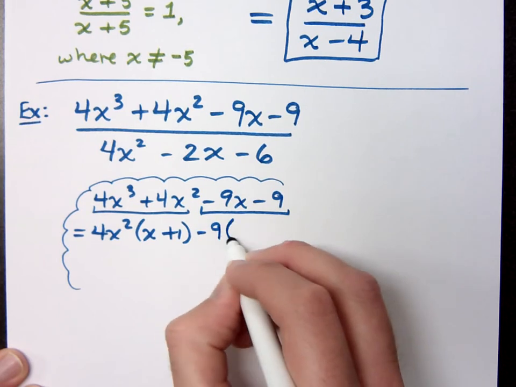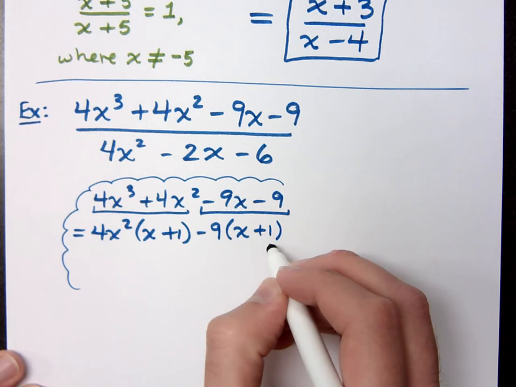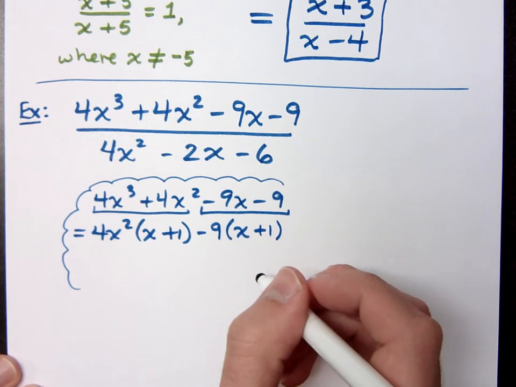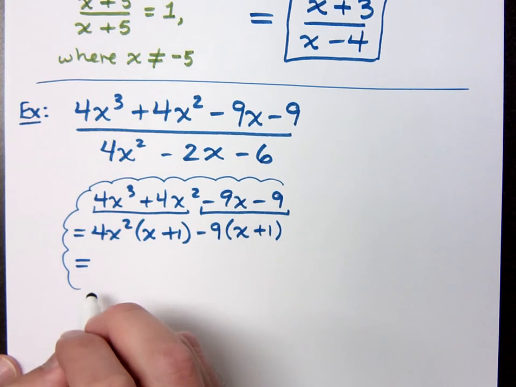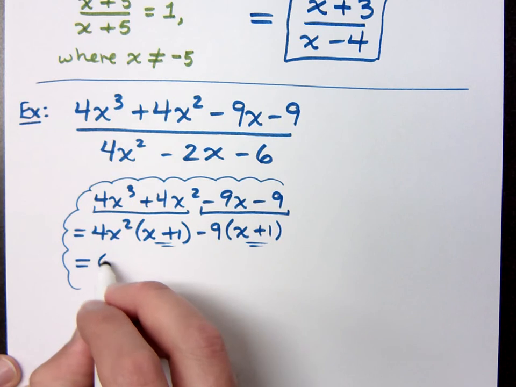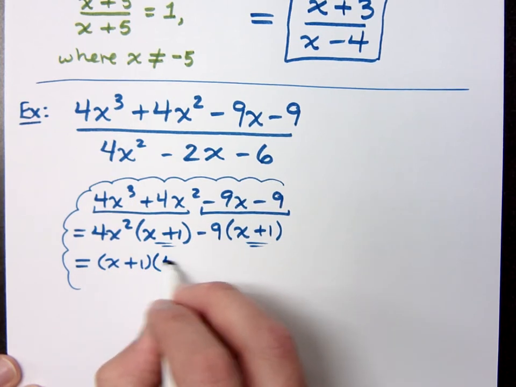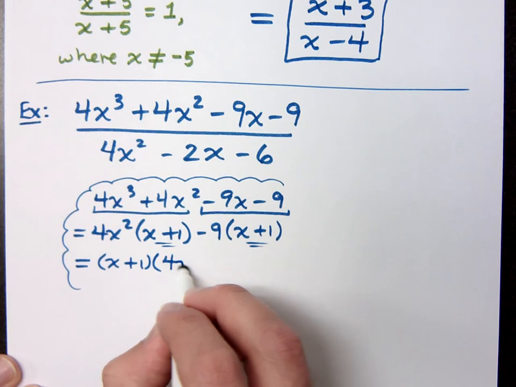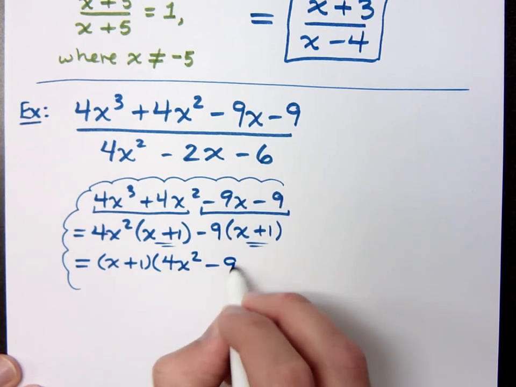What do you have? x plus 1. All right. Is this going to be able to finish factoring by grouping? Yeah, look. They both have x plus 1, right? So just like we've done before, we pull out the x plus 1 and what's left over is 4x squared minus 9.